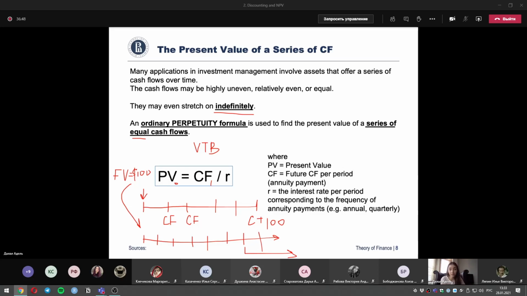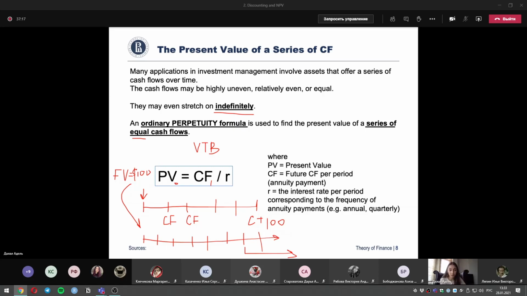If we want to account for inflation here, then of course, for example in real estate, our rental payments are not fixed forever. They're fixed over some lease terms, or in our lease agreement we can say that every year the rental payment will be adjusted for inflation.